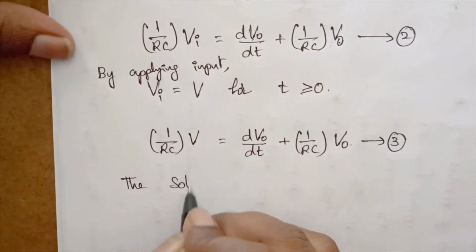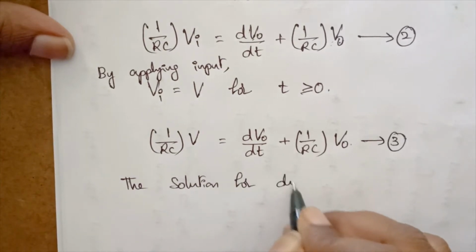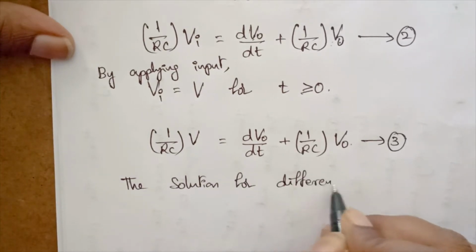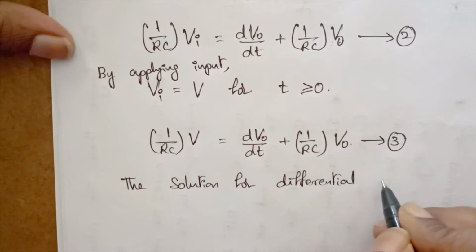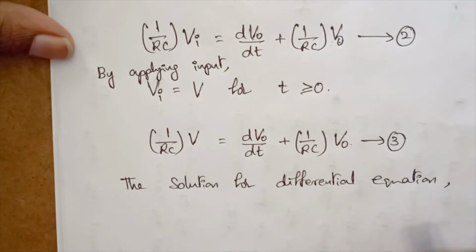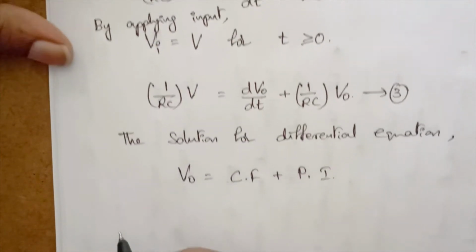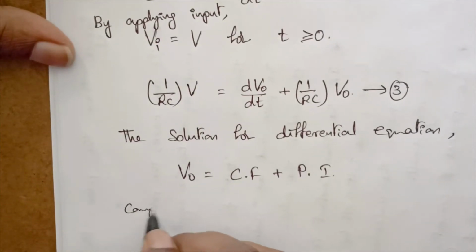The solution for the differential equation is V0 equal to complementary function plus particular integral. What do you mean by complementary function?